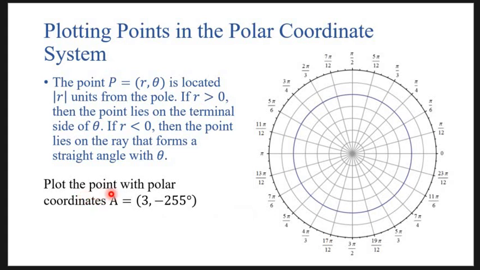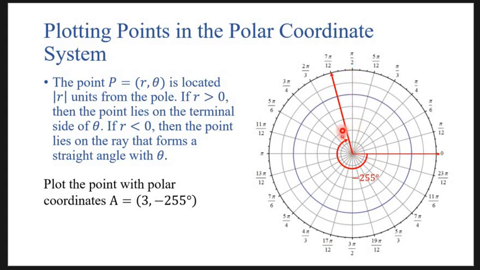Here we want to plot the point with the polar coordinates 3, negative 255 degrees. So first I need to find the angle negative 255 degrees, which is this angle here. This is the terminal side of that angle. Negative 255 is 15 degrees shy of negative 270.